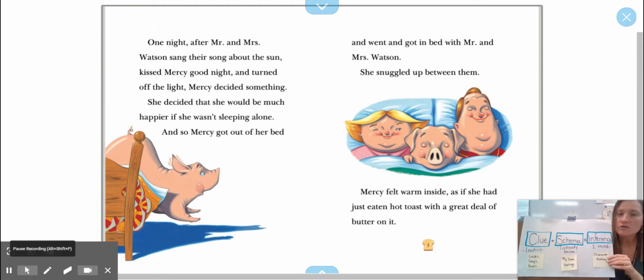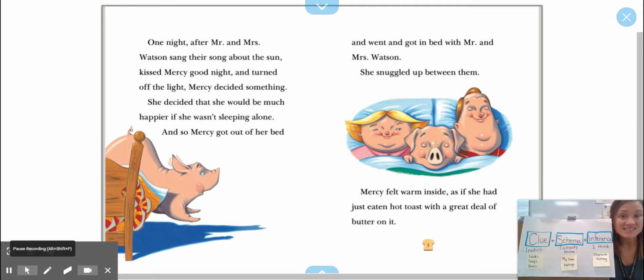So even though the author isn't going to come right out and say, this is how Mercy is feeling, we're going to use clues about what the characters look like, what they say, and what they do. Plus, we're going to use what you already know, like how are you feeling if that were to happen to you? Or when you would say something like that, how would you be feeling? And we're going to make an inference about the character feelings.